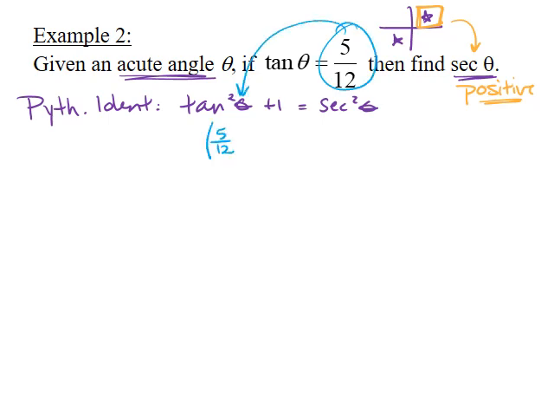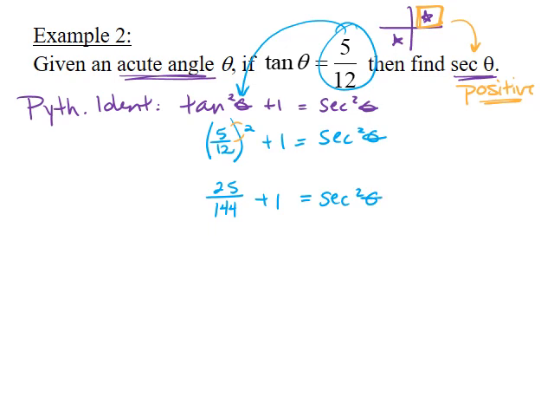So I have 5/12 squared plus 1 is equal to secant squared. Now, since this is division, I can square each of these. So I have 25 over 144 plus 1 is equal to secant squared.